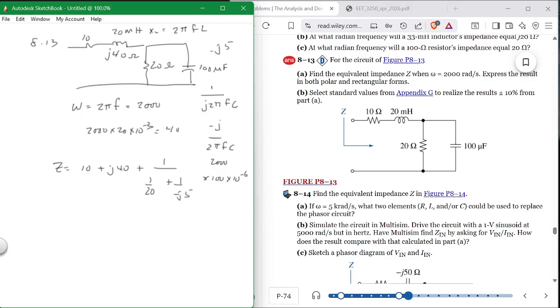You can put that in your calculator in the complex mode, and you say 10 plus 20i plus 1 divided by, parenthesis, 1 divided by 20 plus 1 divided by minus 5i in parentheses equals. What do you get in polar for that? 18.94 at angle 53.84.